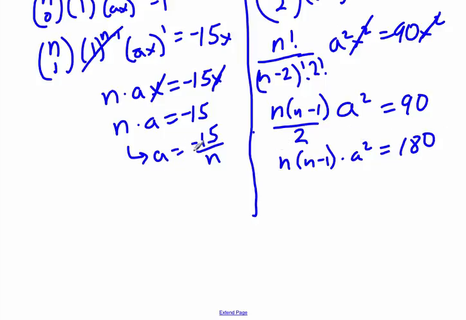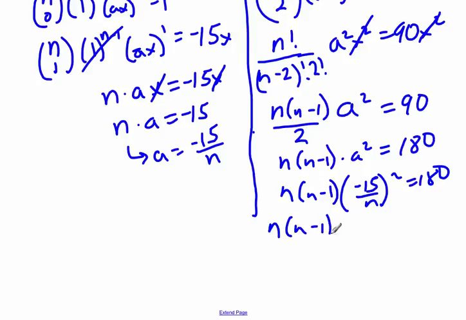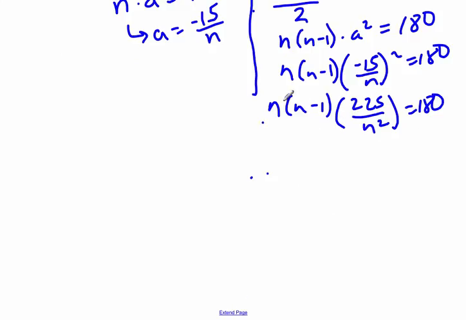And here we could solve and get a equals negative 15 over n, so I can substitute that in over here. n times (n minus 1) times (negative 15 over n) all squared equals 180. And we'll get n times (n minus 1) times 225 over n squared equals 180. And that n will cancel one of those n's. And let's multiply both sides by n to get rid of that one.